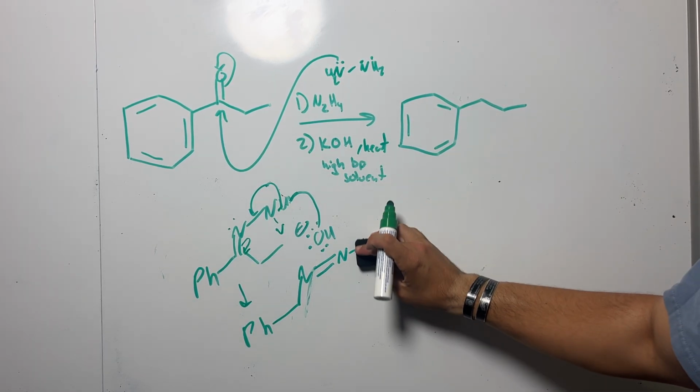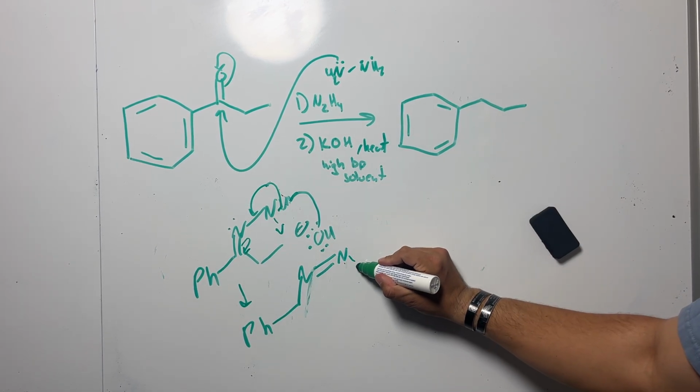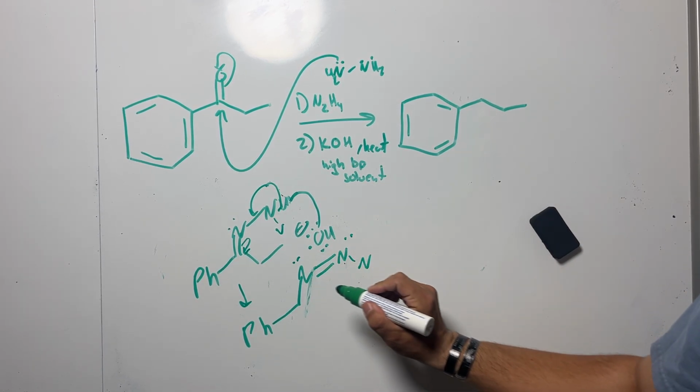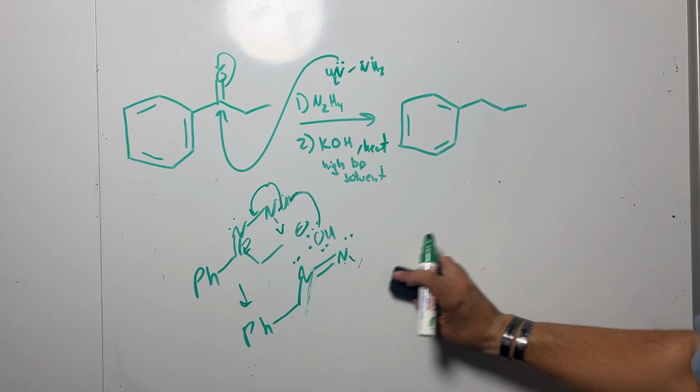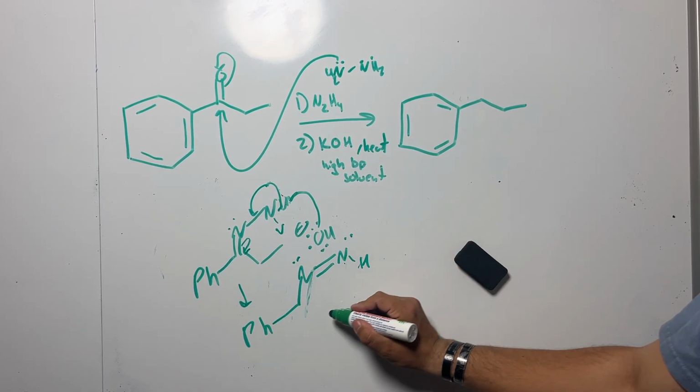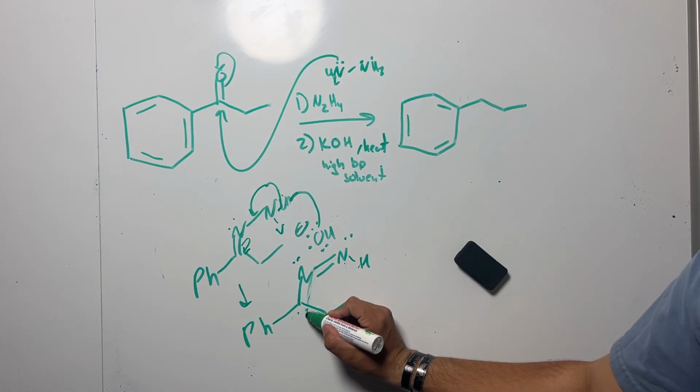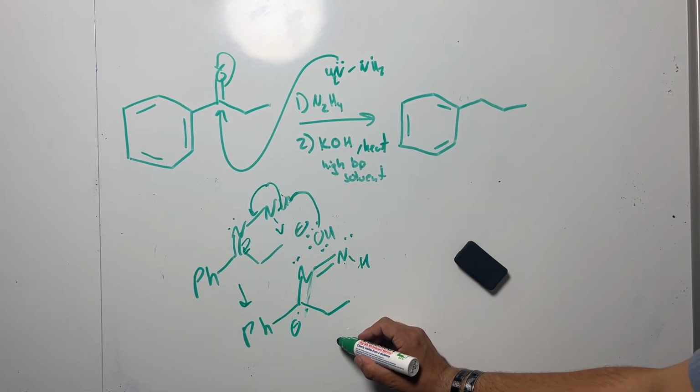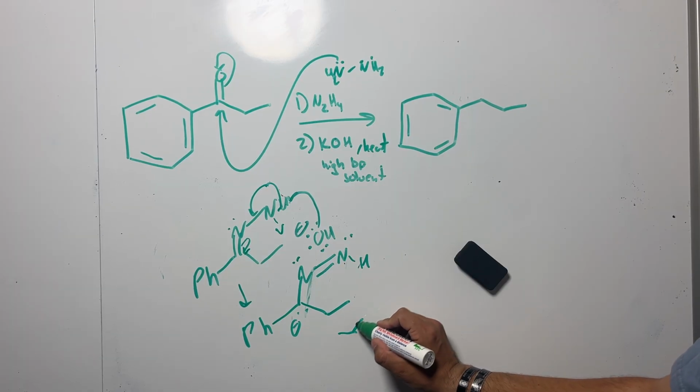That is not the correct molecular geometry. That's not an N either. Now we have our negative charge here, and what that's going to do is grab a proton from our proton source, which would be our solvent in this case.